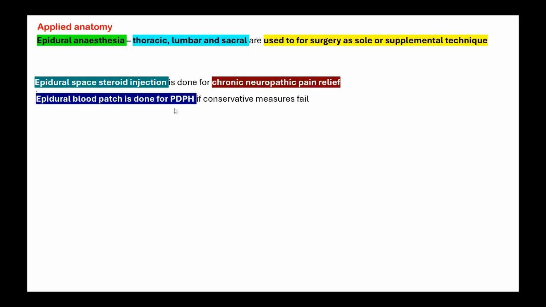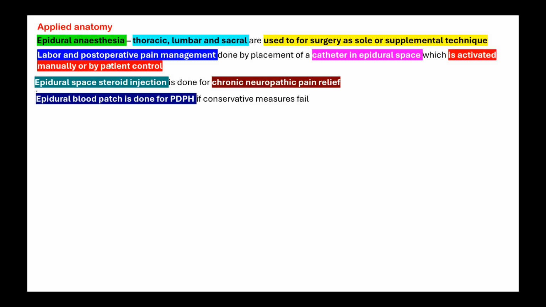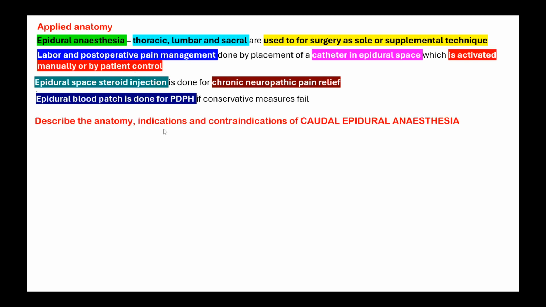Epidural blood patch is done for postdural puncture headache if conservative measures fail. And labor and postoperative pain management is done by placement of a catheter in the epidural space, which can be topped up manually, by intermittent bolus injections, or by patient controlled analgesia.